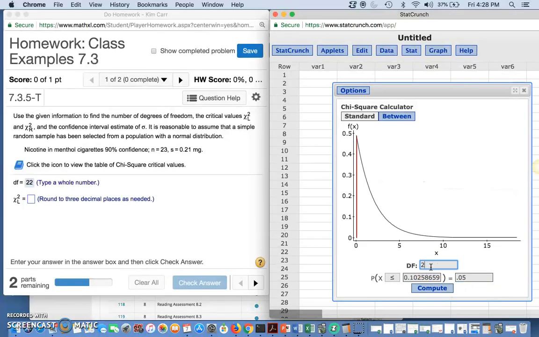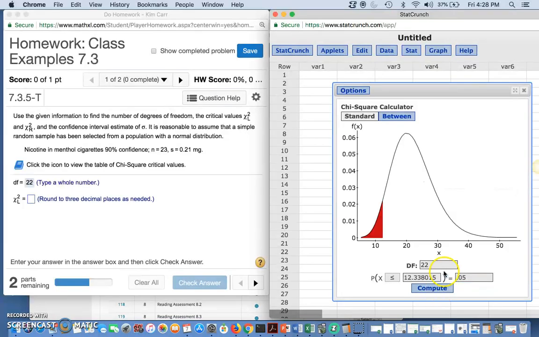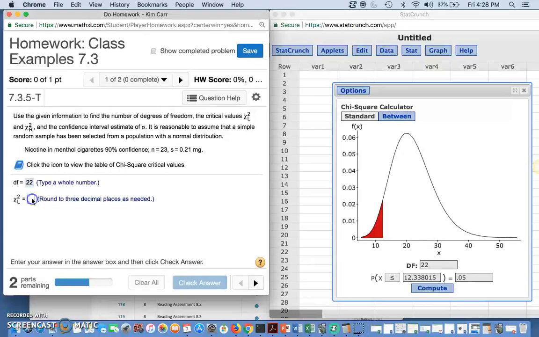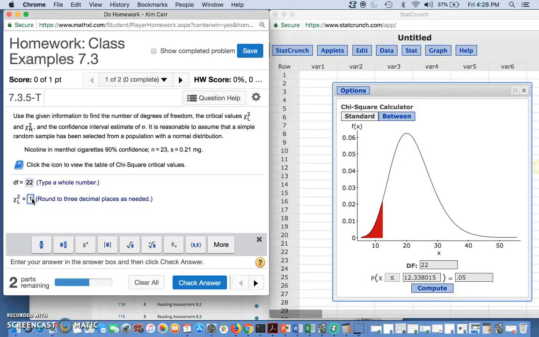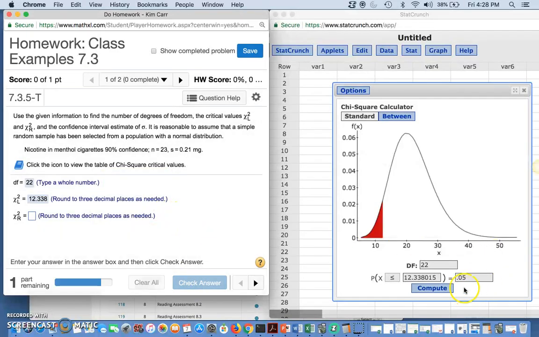But my degrees of freedom didn't take right, so let's put it in there again. 22, and this is 0.05. Okay, so this left side would be, notice it says 3 decimal places, 12.338. Okay, then it asks for the right side.